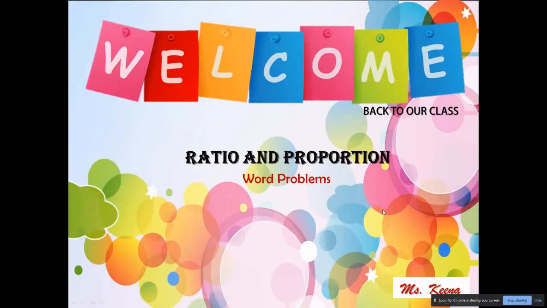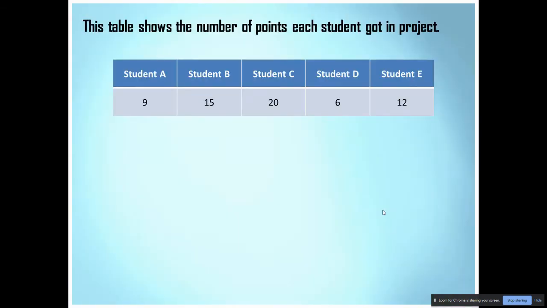Are you ready? Okay. So in here, you see a table, and this table shows the number of points each student got in a project. These students have a project, and each of them got different points. So how many students do we have here?